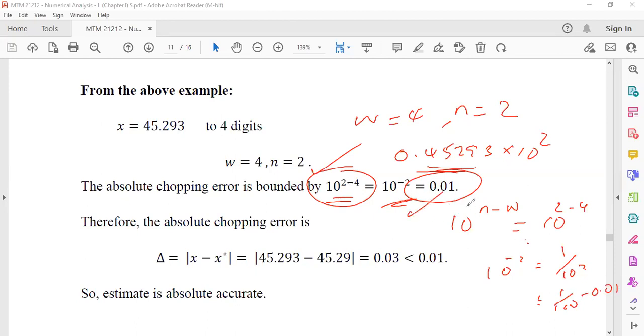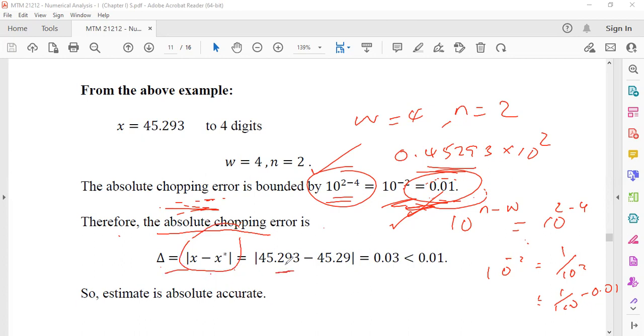So I think you know these things. Therefore the absolute chopping error is bounded by this. This is the upper bound, the tolerance 0.01. But actually our absolute chopping error can be calculated. Delta is equal to modulus of x minus x star.